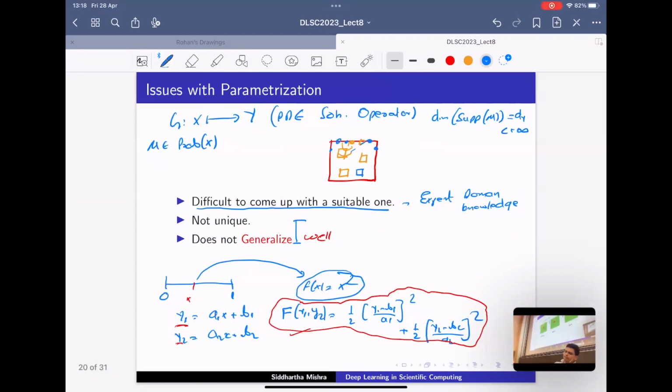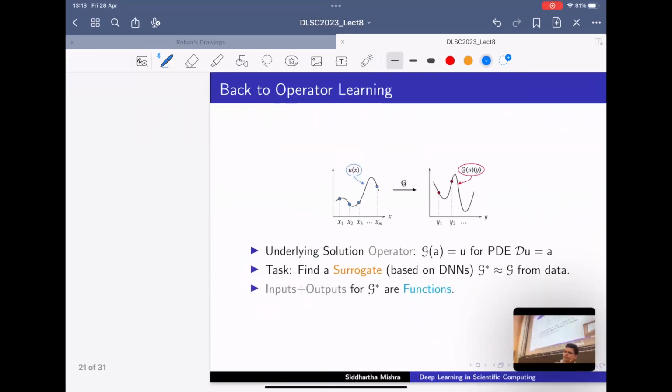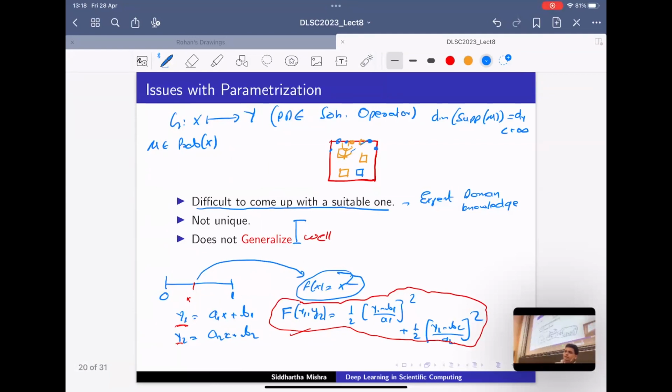So the point that I'm trying to make is parameterizations are not only difficult to come up with, but they are very difficult to generalize, because whatever parameterizes one particular problem just parameterizes that problem. Is that clear? So the cheating is only up to a point. It's very limiting. It's like a straitjacket. If you like to maneuver a little on the sides, you're finished.